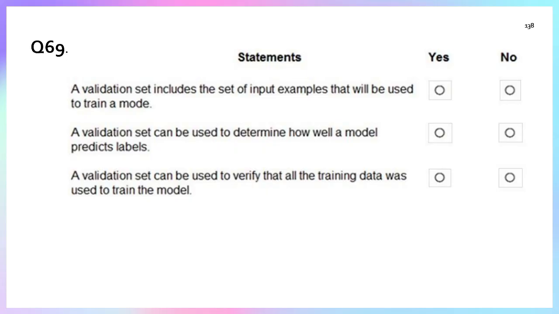Statement three: a validation set can be used to verify that all the training data was used to train the model. No, validation is something different. The training data is what we use to train the model, to make the model understand what gives a proper value, and on that basis, the next time it gets an input, it needs to give the response.